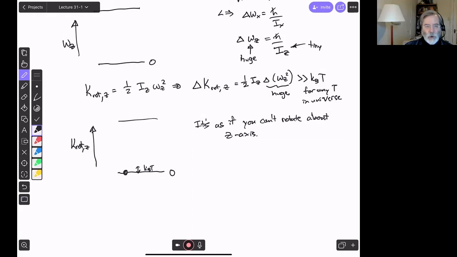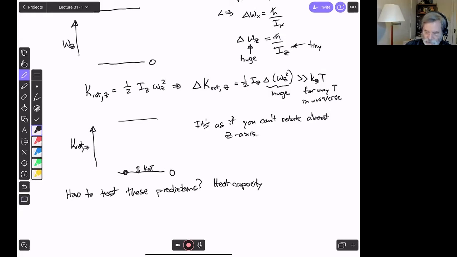Okay, so we've made a prediction that there will never be any energy associated with rotations about the z-axis. How can we test that prediction? How to test these predictions experimentally. One of the main ways you would do it is by measuring the heat capacity.